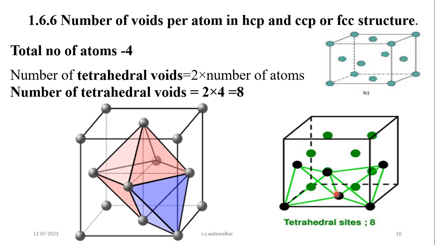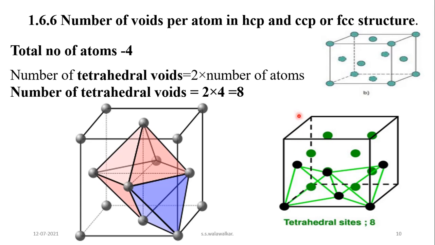If you join these 4 particles, 3 face centered and 1 corner particle, then it forms what? A tetrahedral shape, and the vacant space present between these 4 spheres is called a tetrahedral void.